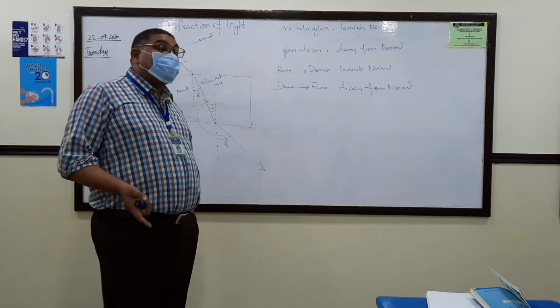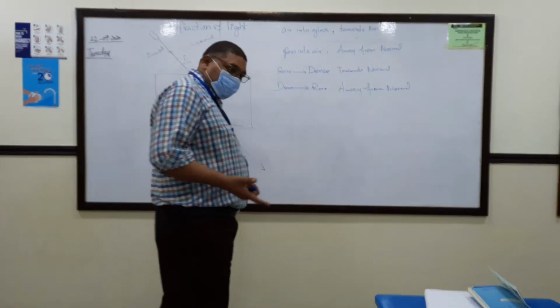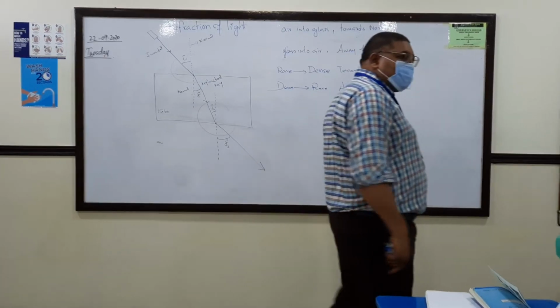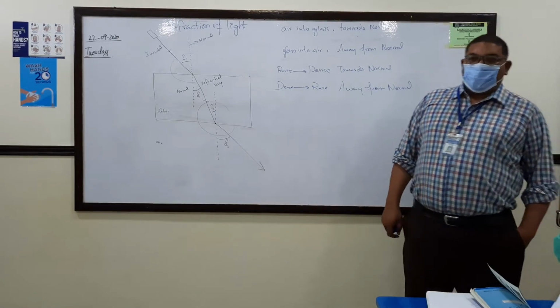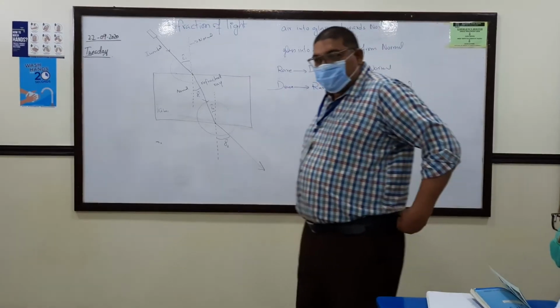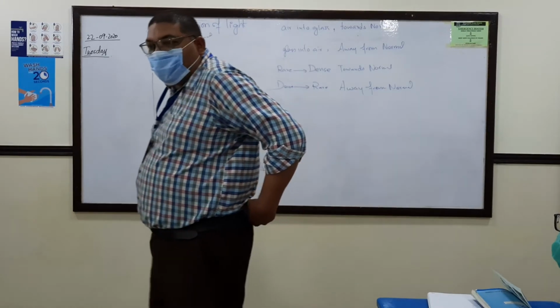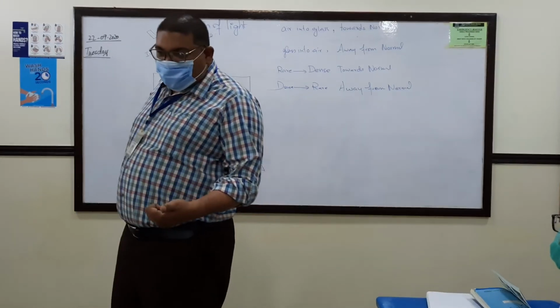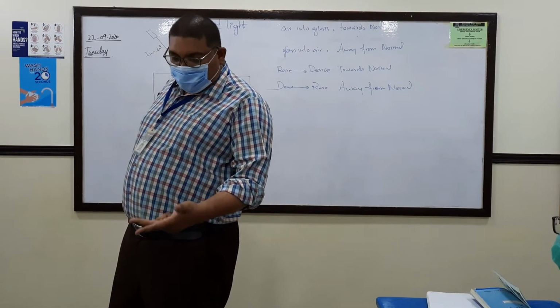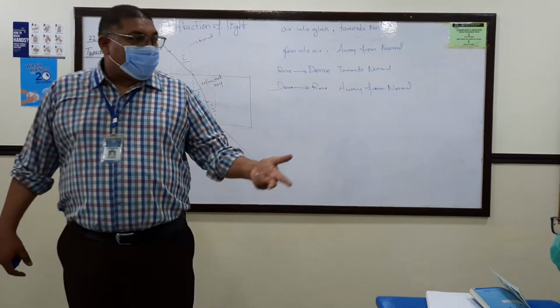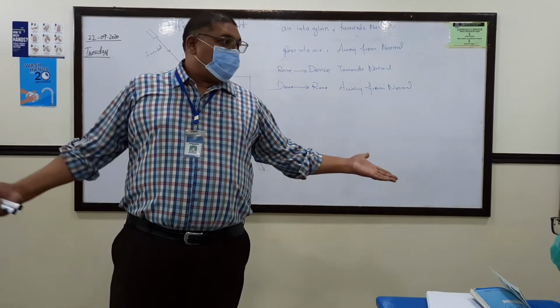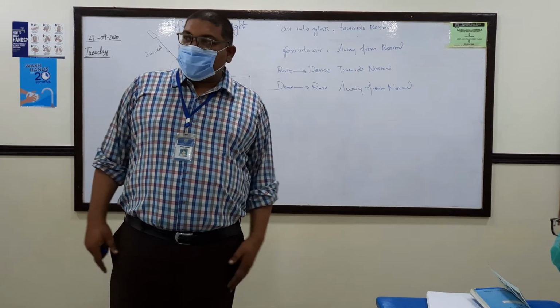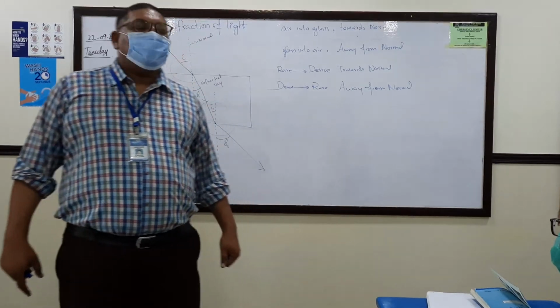You should never forget this. This is a very famous question. They can ask you in the exam what the laws of refraction are. The first law is the incident ray, normal, refracted ray, they all lie in the same plane. So you should never forget this thing. Okay?